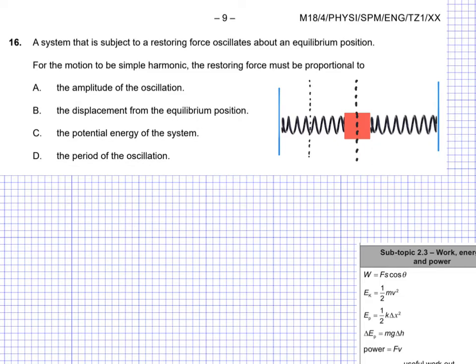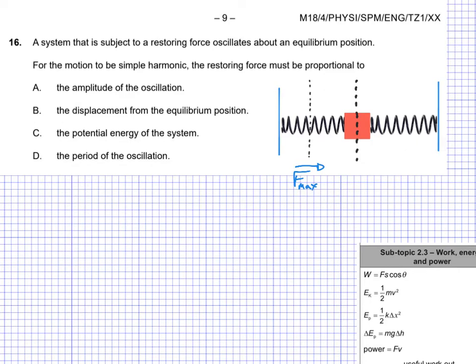As it's stretched all the way over here, there will be a restoring force. It's going to be at its maximum at this point, and this force is going to be pushing it to the right.